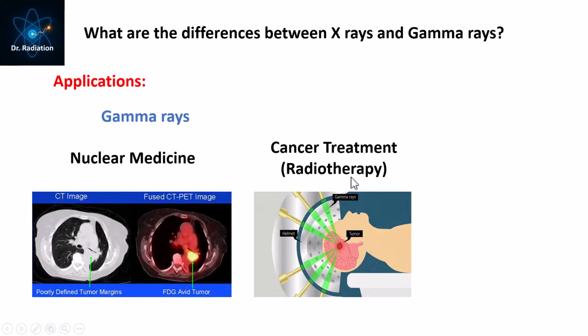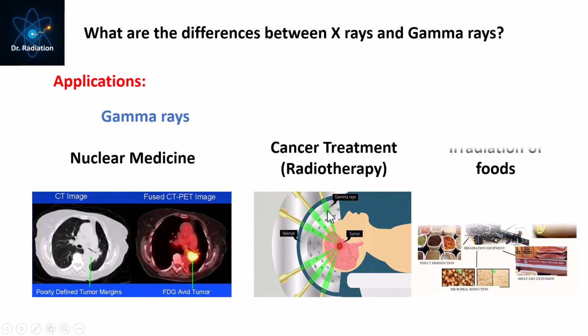The other important application is, of course, the treatment of cancer, which we call radiotherapy. There are gamma sources, mostly cobalt 60 and iridium 192 sources, that are used to target tumors. This, for example, shows a brain tumor that is targeted using several beams of gamma rays. The other important application is the irradiation of foods for the purpose of sterilization.